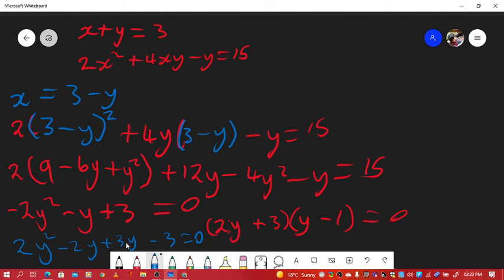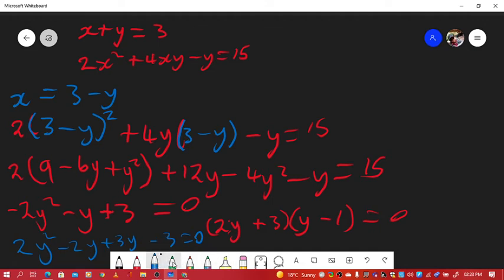So this would be positive y. If we multiply everything by negative, this would be negative, this would be negative, this should be positive, then it goes back to the original equation. So that means our factors are correct.